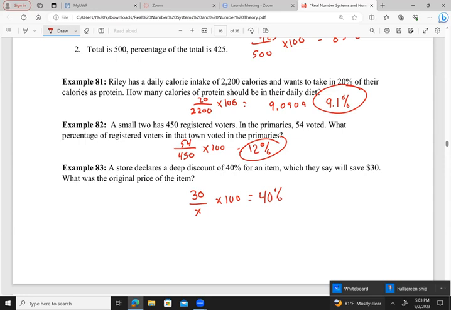So we're going to convert 40% to 0.40, or we're going to divide both sides by 100%. We get 30 over x equals 0.40. Then we're going to multiply by x on both sides, and we get 30 equals 0.40x. And then we're going to divide both sides by 0.40. 30 divided by 0.40 equals 75 is what the original price is.